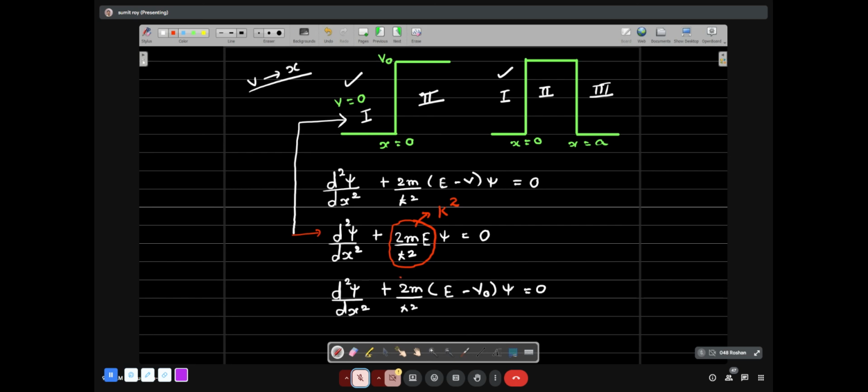Now here, is this entire term constant again? Yes, sir. So we gave it some other name, maybe alpha square.